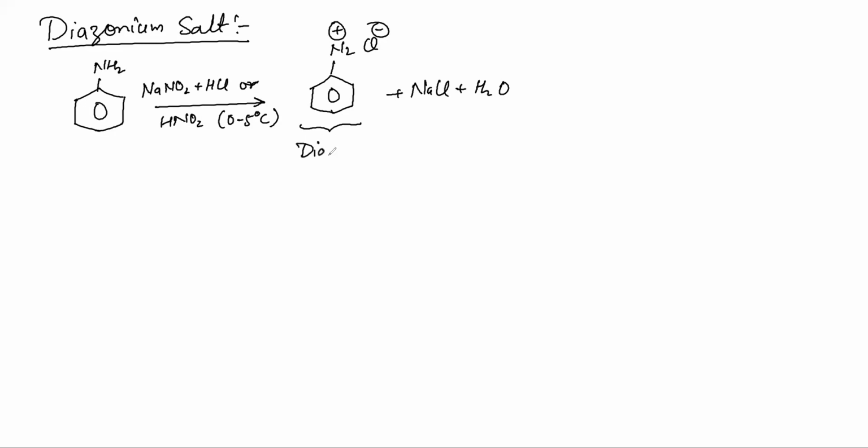This is called diazonium salt. We call it diazonium chloride. Now about this, it is a colorless crystalline solid.